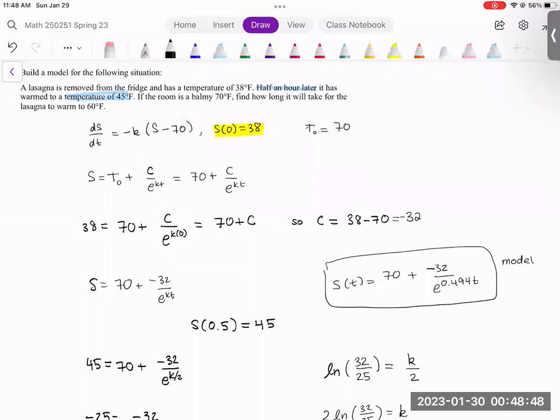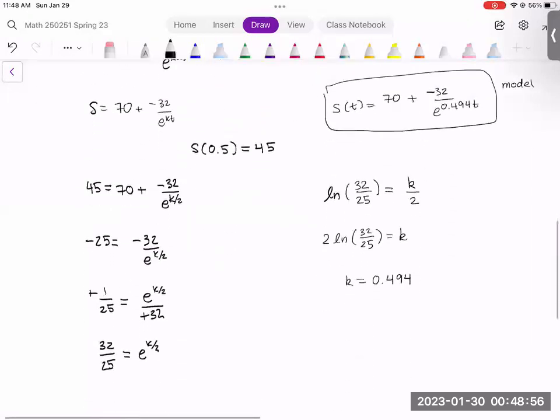So the temperature that we're looking for is 60 degrees. And we're just going to solve for time in this situation. So let's take a look. We have 60 is equal to 70 minus 32 over e to the 0.494t. We're just going to solve for this time.